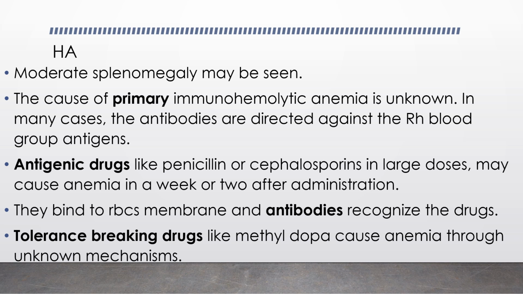Splenomegaly may be seen. Primarily in hemolytic anemia the cause is unknown, and Rh group antigens are attacked. Penicillin or cephalosporin antibiotics, in larger doses, may cause anemia, but not immediately. In a week or two after administration, they just mark the RBCs upon which antibodies come and anemia is caused.